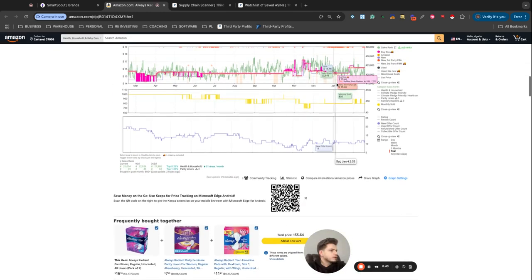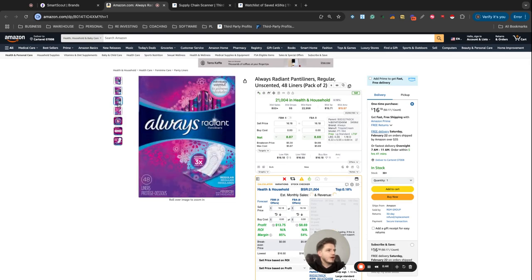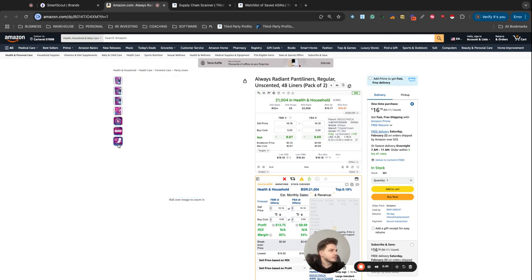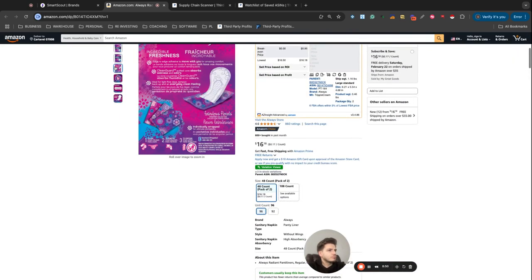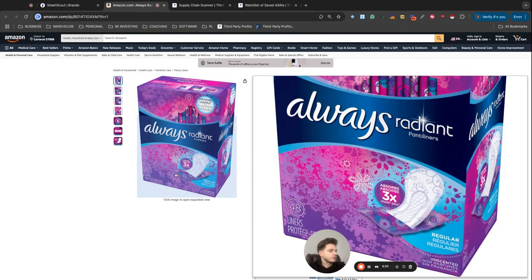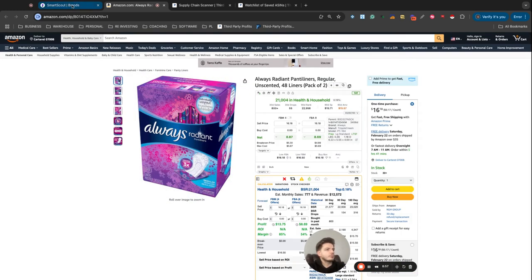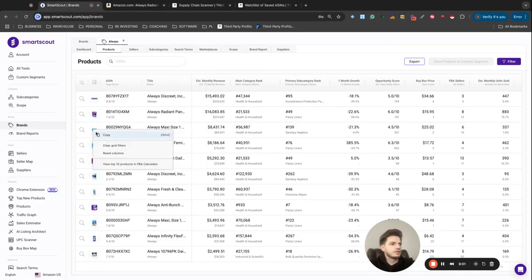We can see now that this Keepa graph looks pretty solid. It was selling at $15.40. Let's see if we can find a UPC on this listing here. Radiant 48 count, regular. We didn't see the 48 count previously for this brand under the regular. Let's open up this one.